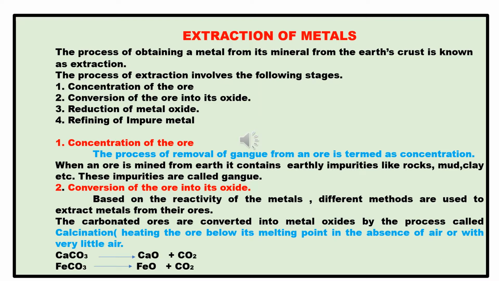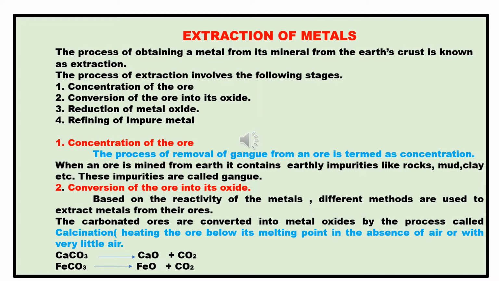They are concentration of the ore, conversion of the ore into its oxide, reduction of metal oxide, and refining of impure metal. So these are the steps that we have to follow to obtain a metal in its pure form from its mineral.